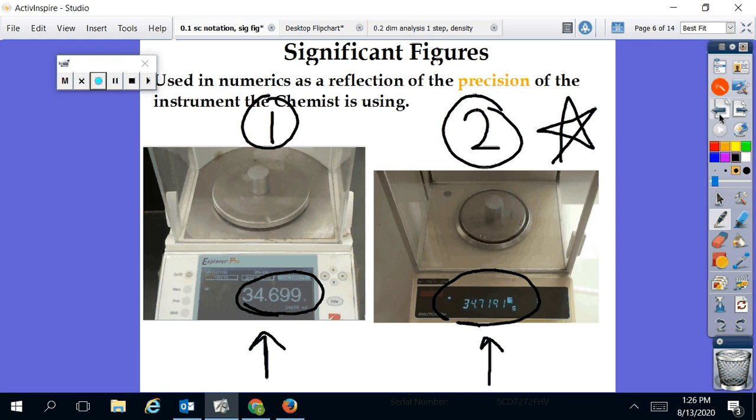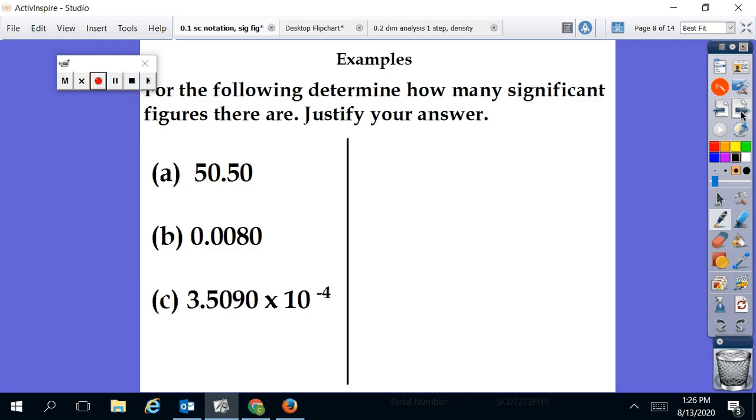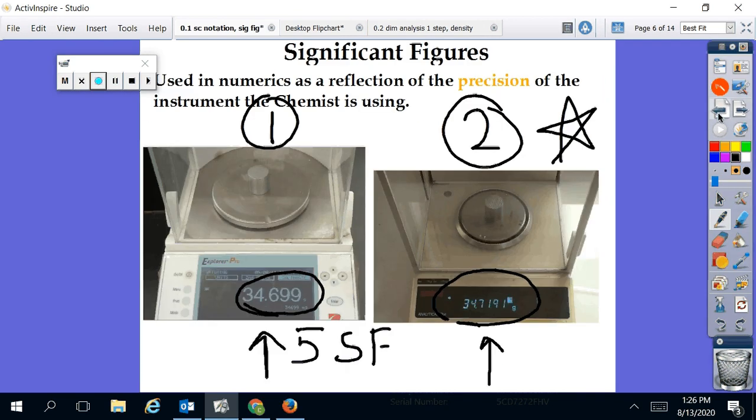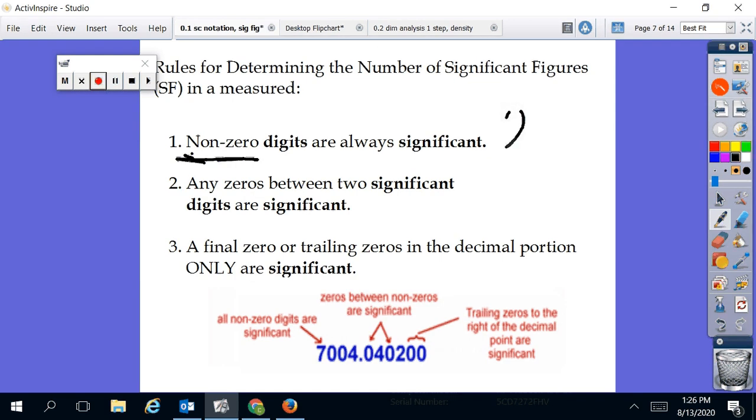So you would say this is 5, and I always abbreviate significant figures as SF, 5 significant figures. They're all non-zero numbers. So that's rule number 1. So 225.3, as an example, has 4 significant figures. Every one of those numbers is significant. It represents the value.